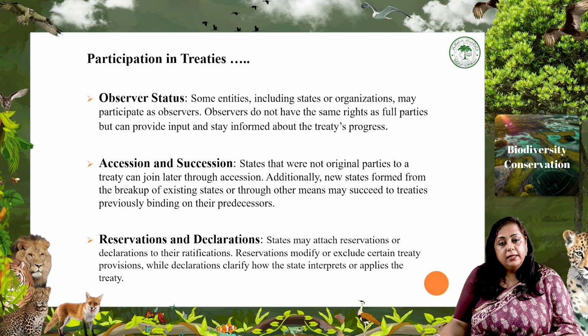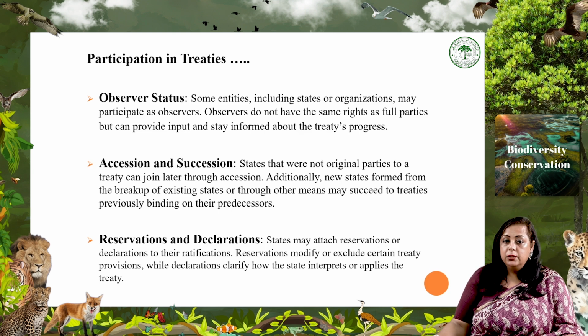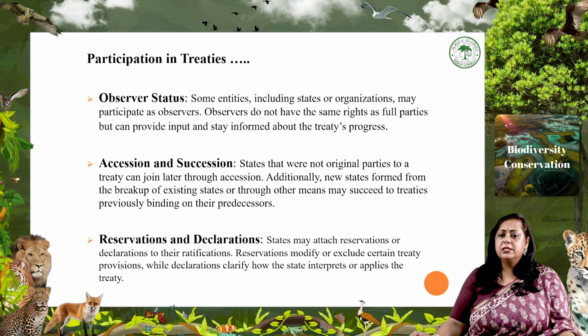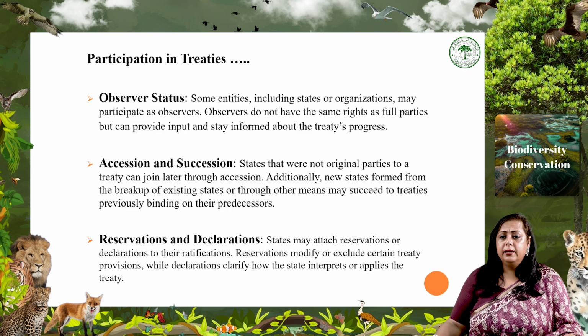Observer status. Some entities, including states or organizations, may participate as observers. Observers do not have the same rights as a full party, but can provide input and stay informed about the treaty's progress.